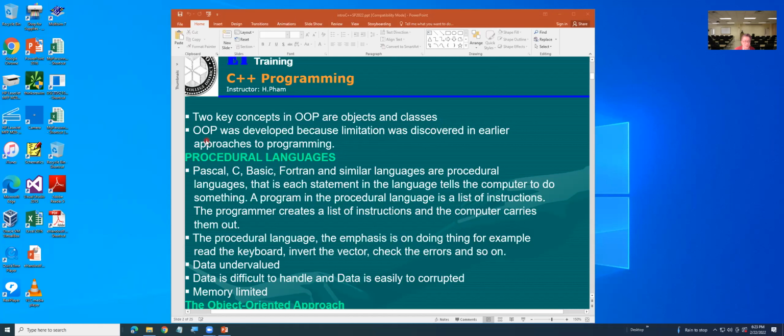The reason you get C++ is that OOP addresses limitations of earlier approaches to programming. You understand, in the past you had BASIC, Pascal, Fortran, COBOL. Those are the old languages.